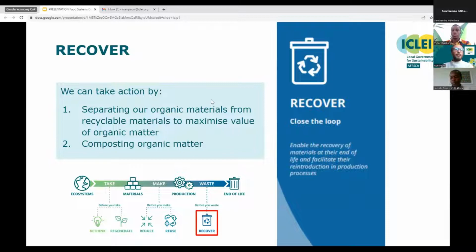Then there's recovery, which is all about this element of closing the loop and actually making the system circular, where all actors along the value chain actually have a really important role to play, especially all of us in this room and within our own households, just by separating our trash and keeping all of our organic waste separate, and then ensuring that it doesn't end up on landfill and actually gets reintegrated into the economy.